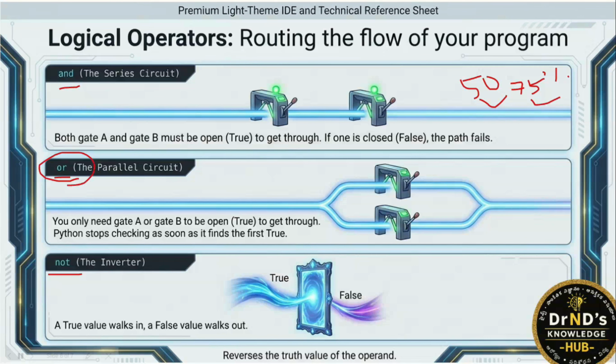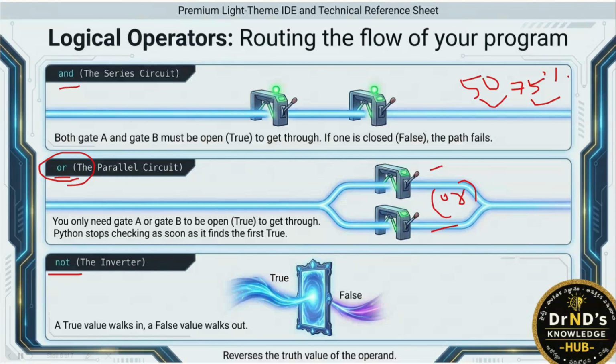Now imagine two parallel paths. Only one path needs to be open. Similarly, the OR operator returns true if at least one condition is true. For example, a scholarship may be awarded based on excellent marks or outstanding sports performance. Only one condition is sufficient here.